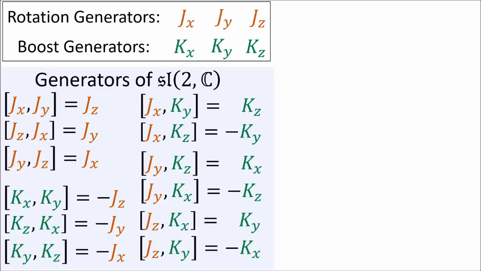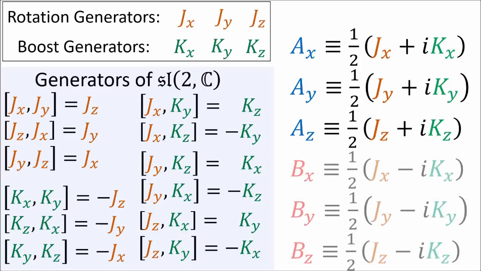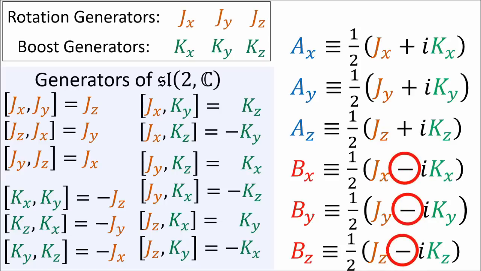We can take these 6 basis generators and change basis by defining the A's, which are a rotation generator plus i times the corresponding boost generator, divided by 2. We can define the B's in the same way, but with the signs in front of the boost generators changed to be negative.